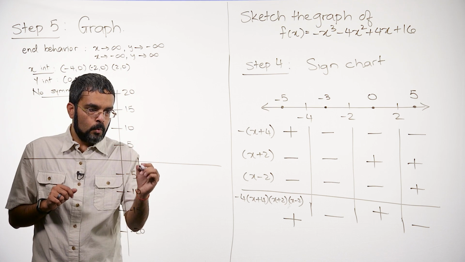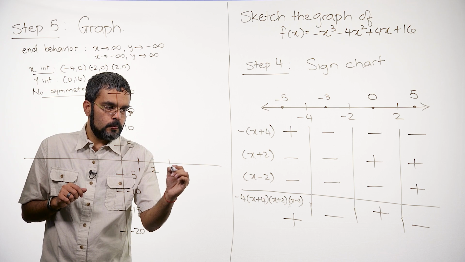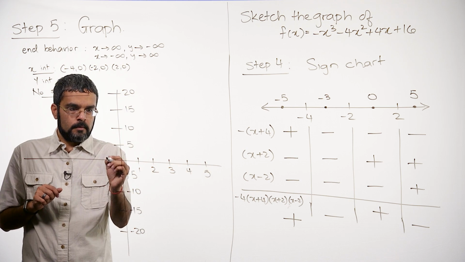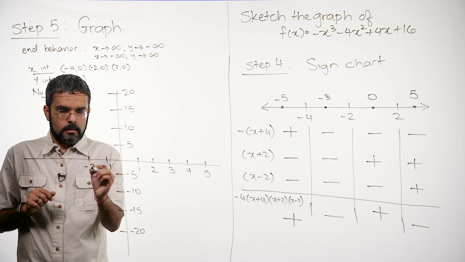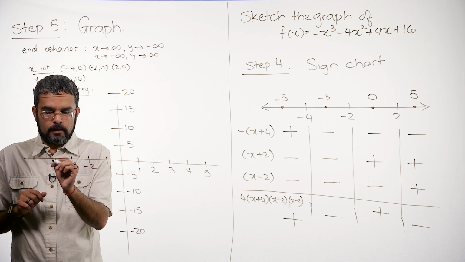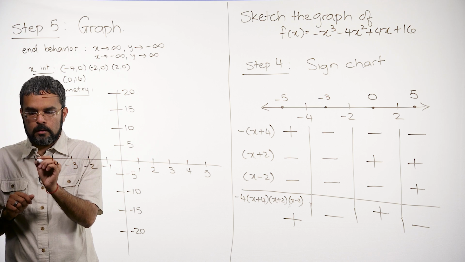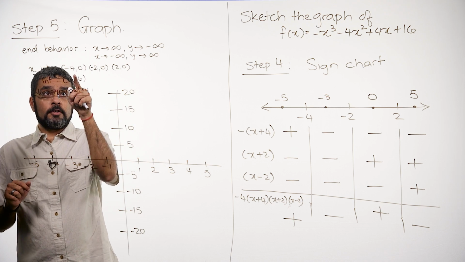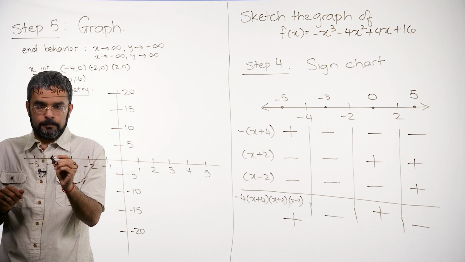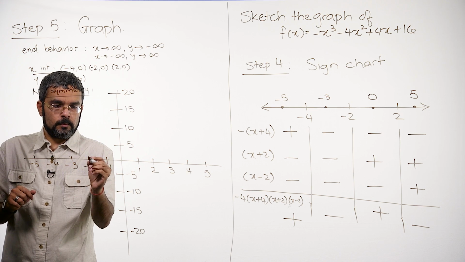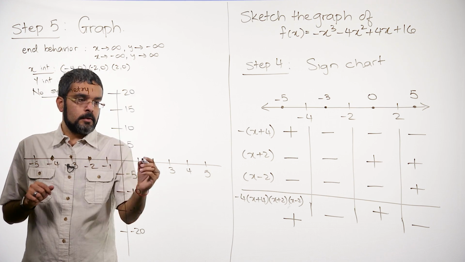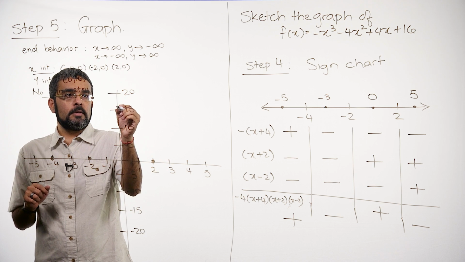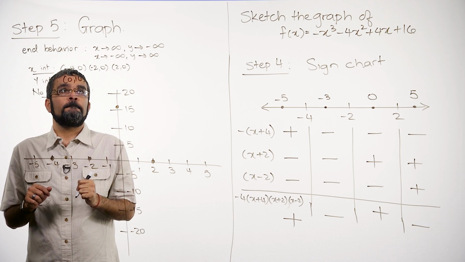And then I have 1, 2, 3, 4, 5, negative 1, negative 2, negative 3, negative 4, negative 5. Okay, so I'm going to go ahead and graph my intercepts first. So my intercepts are (-4, 0), I have (-2, 0), and then I have (2, 0). All right. And then my y-intercept is (0, 16), which would be somewhere around here.